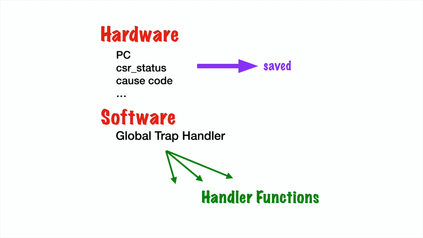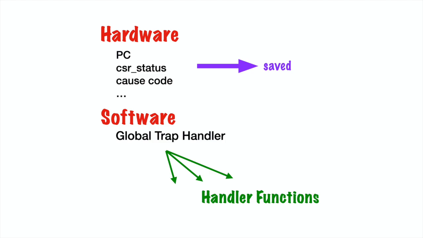The processor mode is then changed and a jump is made to a hardwired fixed memory location, which is the same regardless of which interrupt or exception has occurred. Thus, there's a single so-called global trap handler, which will save the processor state, essentially the general purpose registers.